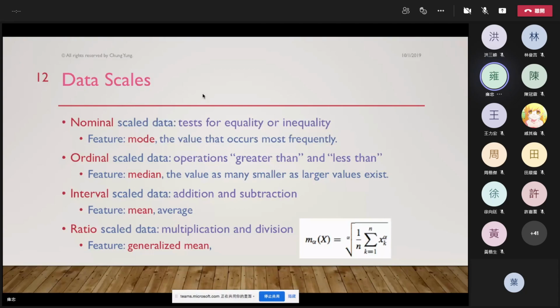Alpha could be any number, for example, 2 or -1. If it's 2, then we sum the squares of the data, divide by the number of data we have, and take the square root. Then we get the generalized mean when alpha is 2.